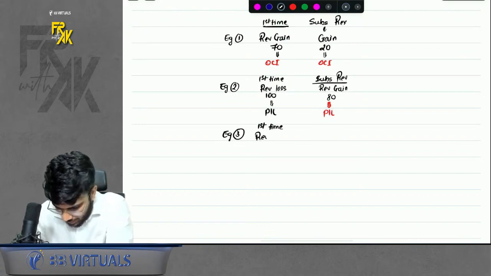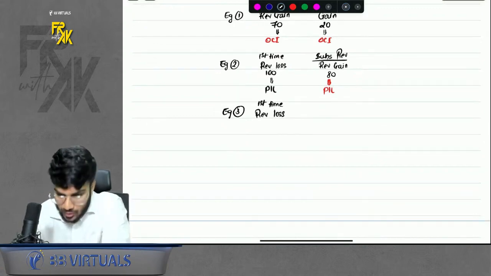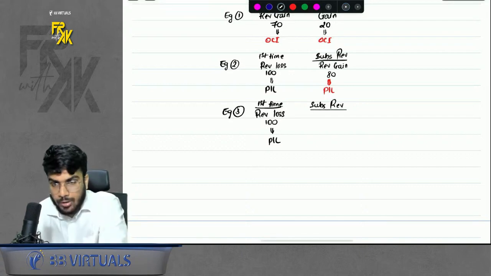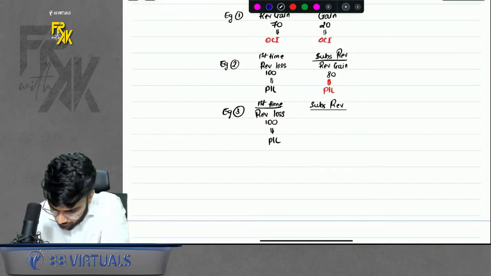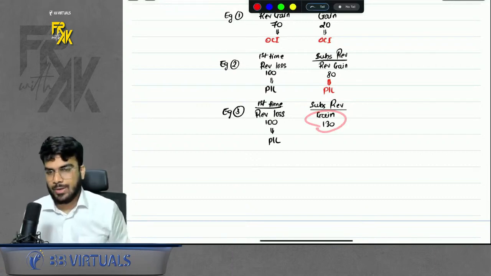Let's say the first time you had a revaluation loss of 100. So this was transferred to P&L. On subsequent revaluation, you got a gain of 130. I want everyone to answer this.